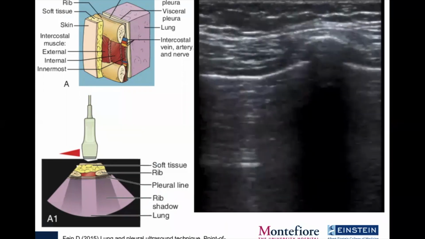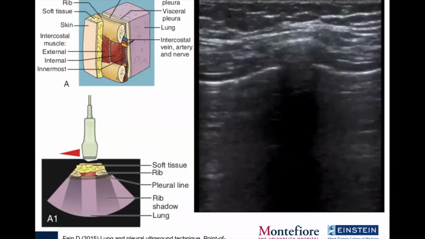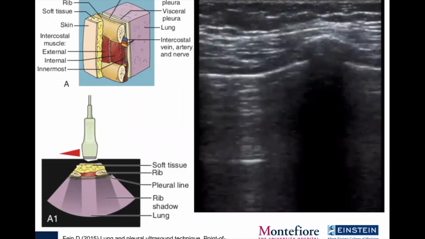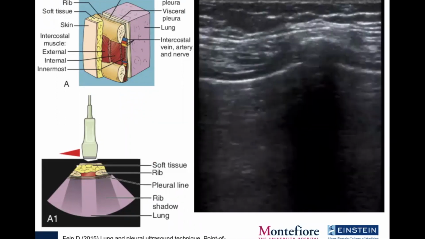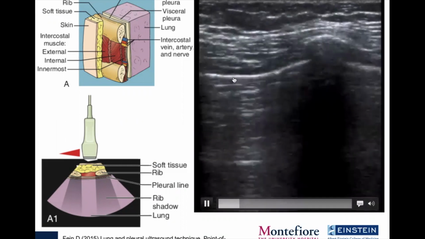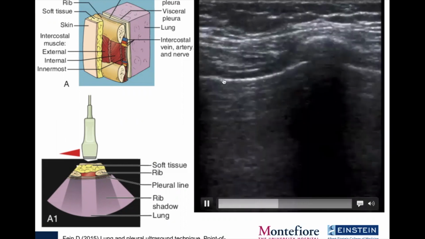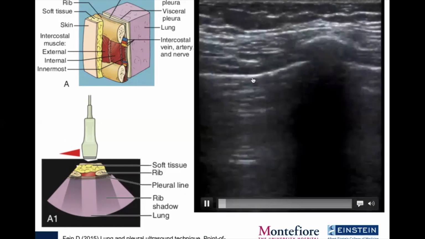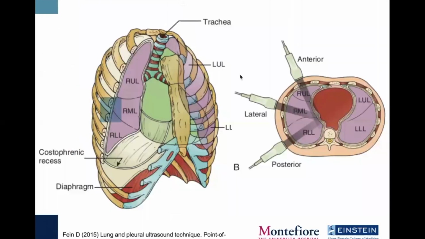In the absence of any pathology, the visceral and parietal pleura, with the aid of a thin layer of pleural fluid, slide against each other with respiration, and this finding is what we call lung sliding. If you look at the video here, you can clearly see that there is sliding, this hyperechoic line, the pleural line. We see this to and fro shimmering, which we call lung sliding.